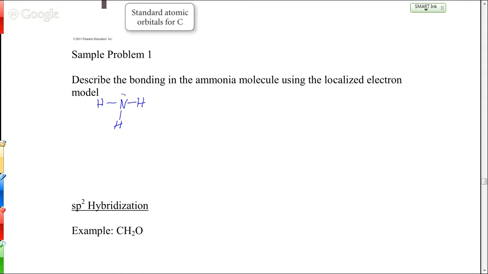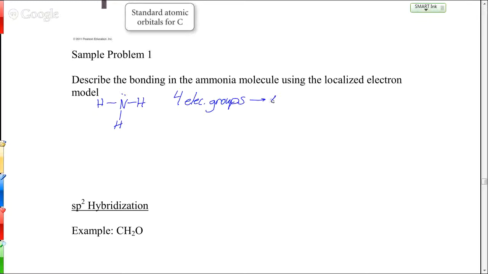So we draw this type of a picture of it. And then we want to know the molecular geometry. So what do we do to find that? What's the first thing we do once we've got our Lewis structure? Yeah, number of groups. So how many electron groups does it have? 4. 3 hydrogens and the lone pair. 4 electron groups.